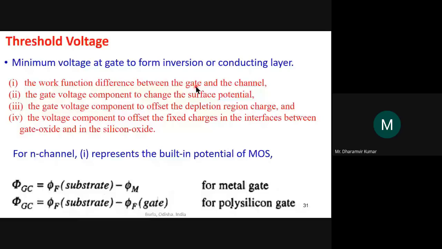Since they are of different materials, and we know that different materials have different work functions, when we combine two different materials, because of their internal differences in the work function, there develops a built-in potential across the layer.